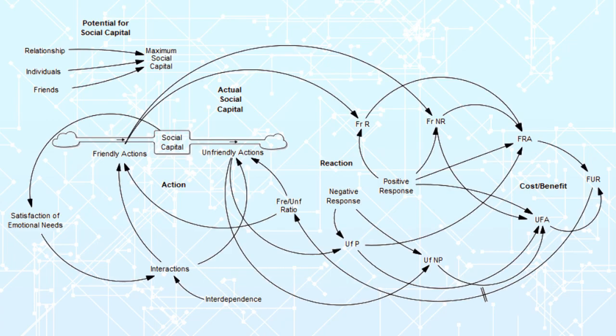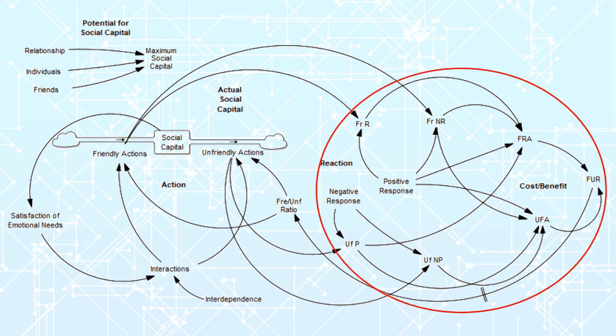The stock and flow model replicates the causal loop model and quantifies the relationship. The stock in the model is social capital, and the flows are friendly and unfriendly actions which increase and decrease social capital. The model uses a game theory approach to determine whether actions are friendly or unfriendly.